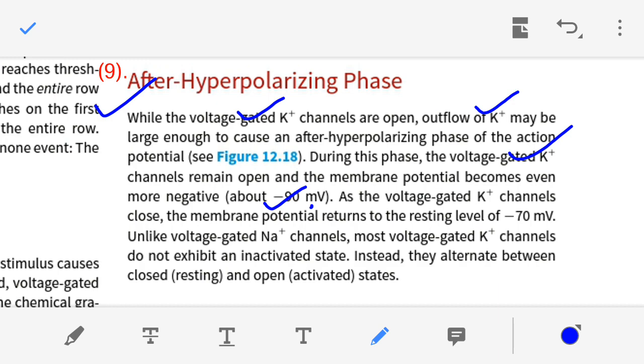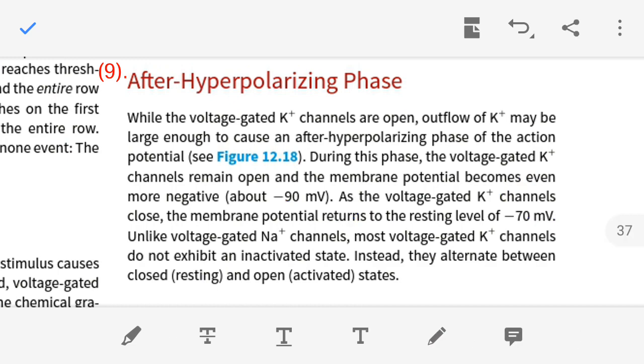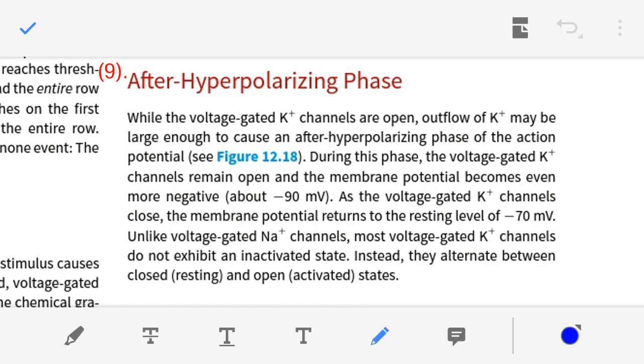In this phase, the K plus channels close once this much membrane potential is achieved, and as they close, the membrane potential returns to the resting level of minus 70 mV. Unlike the voltage gated Na plus channel, most voltage gated K plus channels do not exhibit an inactivated state.